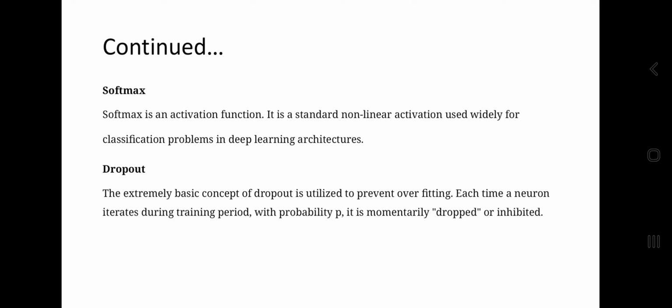At every training step, the dropped out neurons are resampled with the probability p, allowing a dropped out neuron at one step to be active at the following one. The dropout rate, which is a hyperparameter, is normally in the range of 0.5 or 50% of the neurons. So these are all the layers involved in the Inception ResNet V2 architecture.